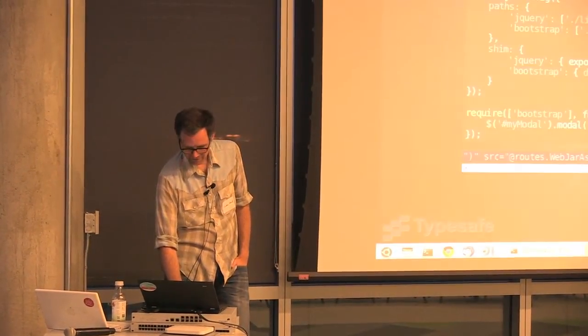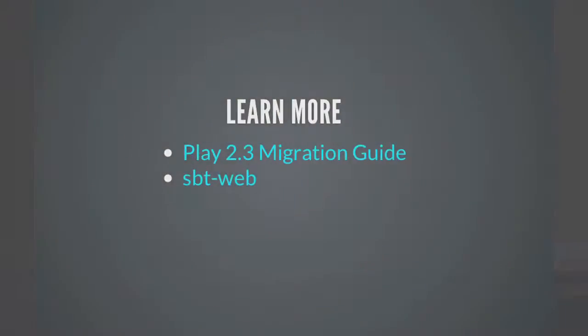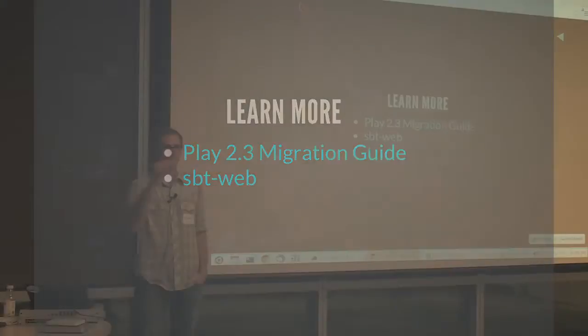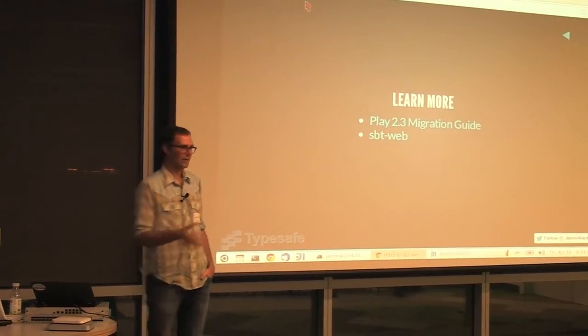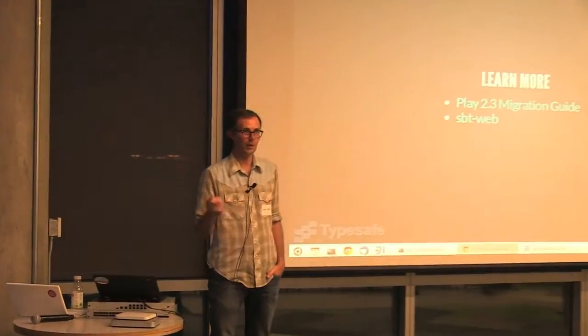I think that's it. So if you want to learn more about this stuff, all the projects are on GitHub under the Spt organization. So Spt Web is kind of the main entry point, and then there's different projects for all the different plugins. But I think all of them are linked to from the Spt Web project.